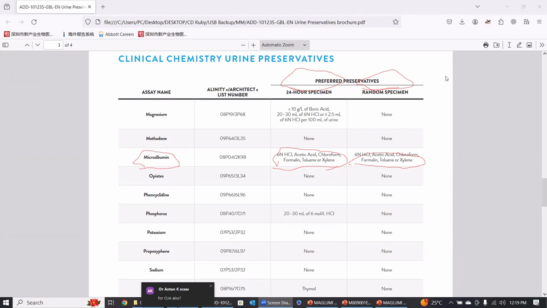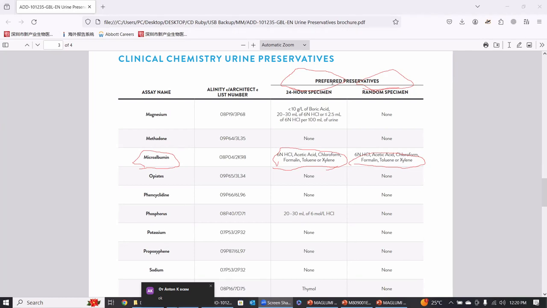In my opinion, whether you check through chemistry analyzers or immunoassay analyzers, you need to preserve the target molecule like microalbumin or beta-2 microglobulin. So this preservative is for preserving the target molecule, to retain it.